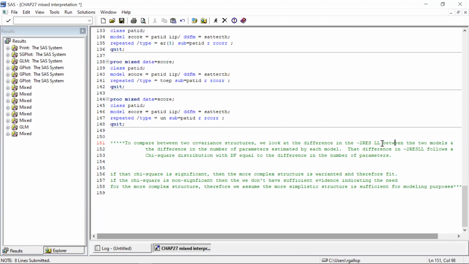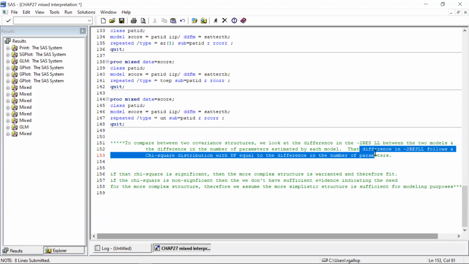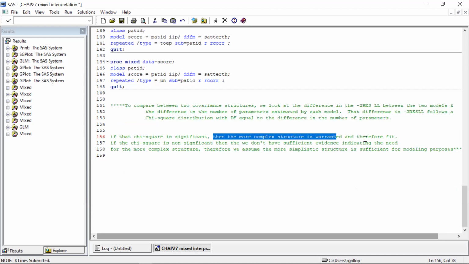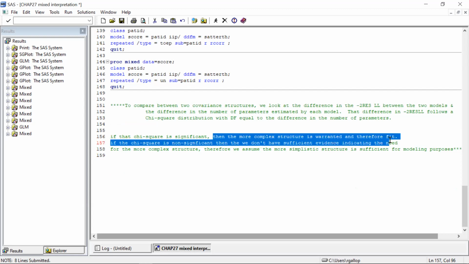Again, the difference in the -2 restricted log likelihood follows a chi-square distribution with degrees of freedom equal to the difference of the number of parameters. If that chi-square is significant, then the more complex structure is warranted.